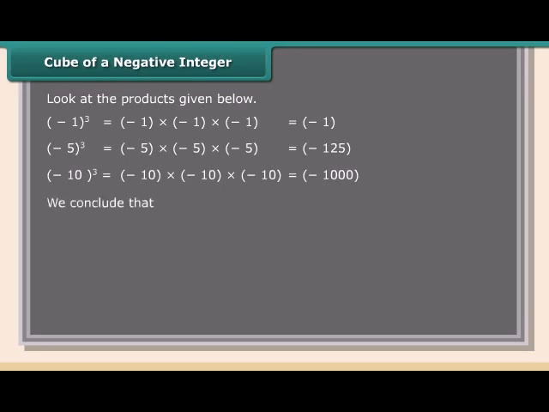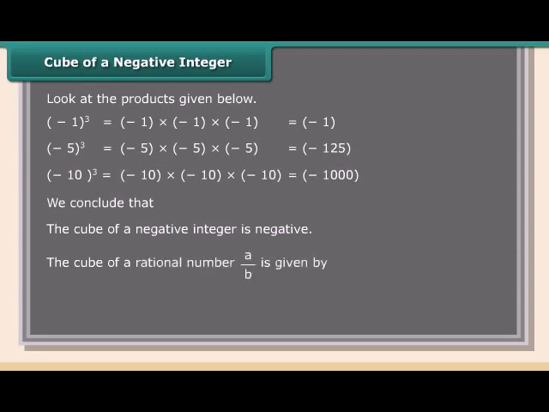We conclude that the cube of a negative integer is negative. The cube of a rational number a upon b is given by a upon b cube is equal to a cube upon b cube.